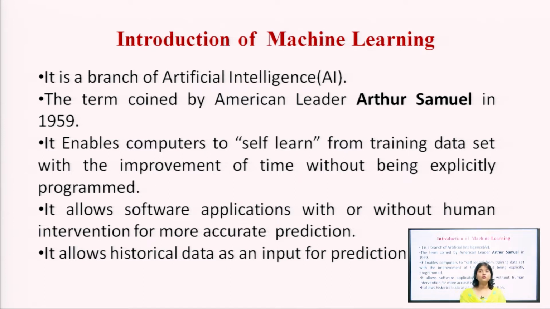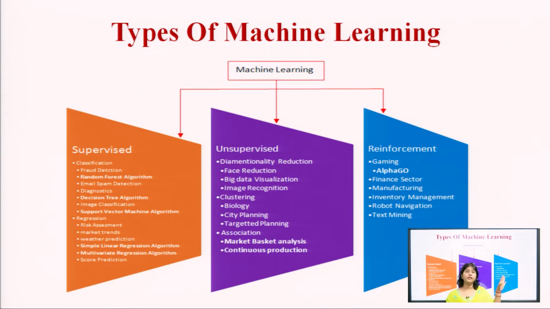So, it allows software applications, with or without human intervention, to make more accurate predictions. It takes the data from what happened in previous years, so it allows historical data as an input for prediction and for taking decisions. Machine learning is categorized into three parts: supervised, unsupervised and reinforcement learning.